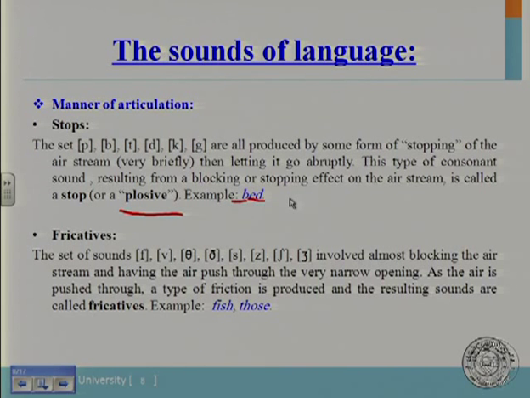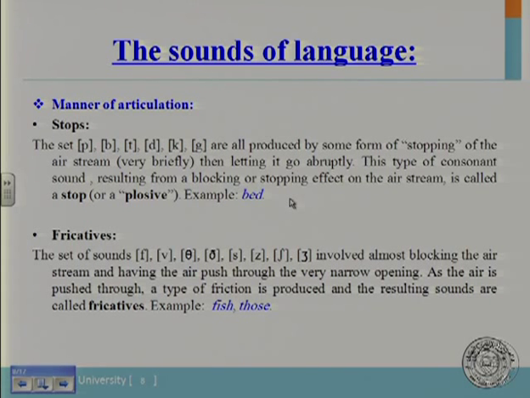The last letter d is the same as the sound d. So these two are examples of the first group, that is stops or plosive sounds. The second group is called fricatives.